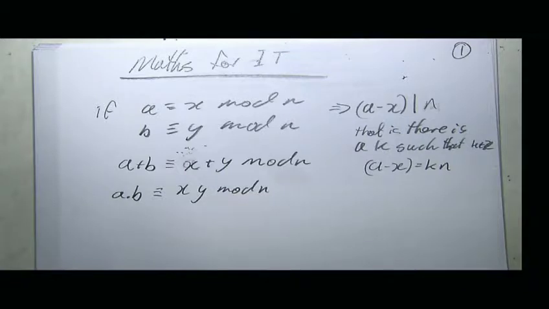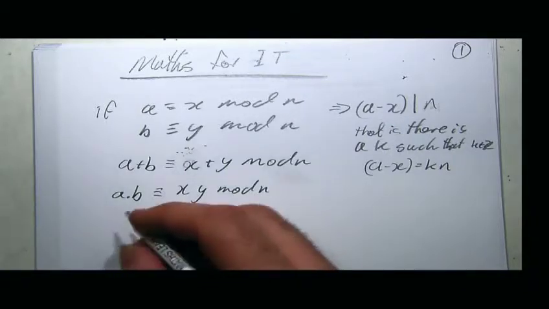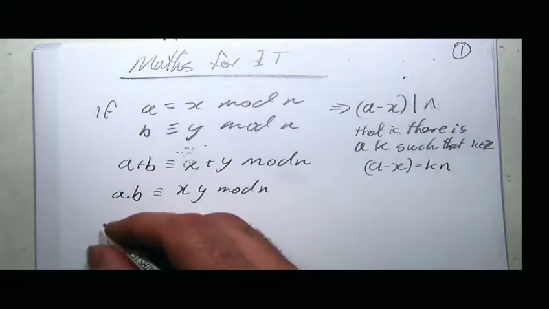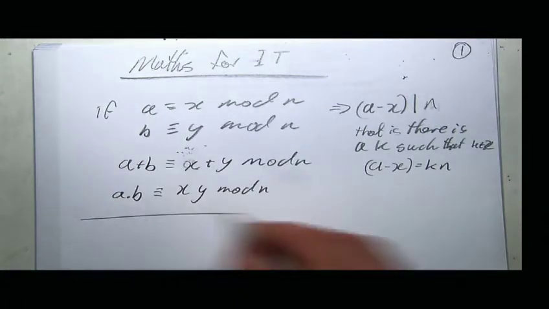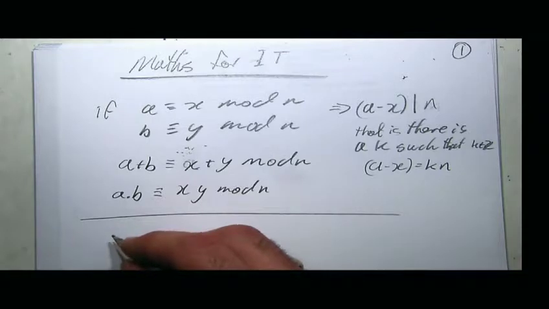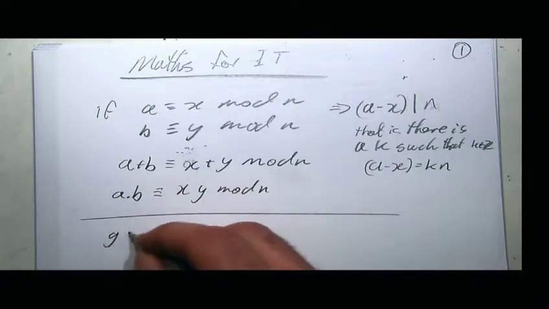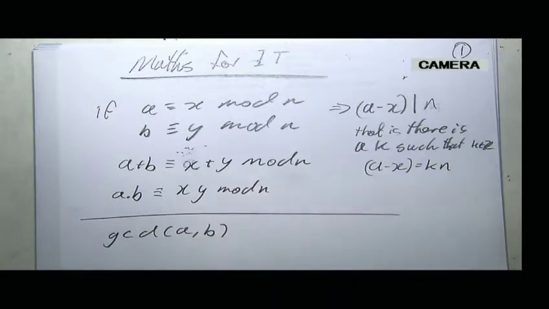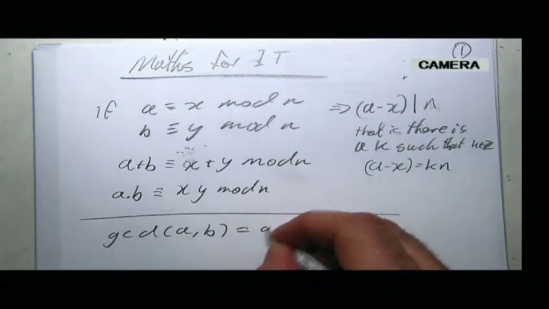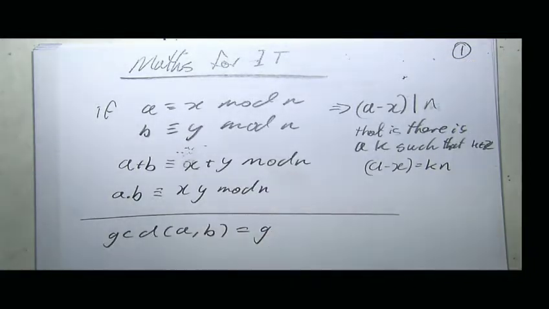So if I've got two numbers, let's go, what did I use? I used A and N. Heavens knows why, but we did. So greatest common divisor, let's go A and B. I'm going to pretend this number is G for the moment.